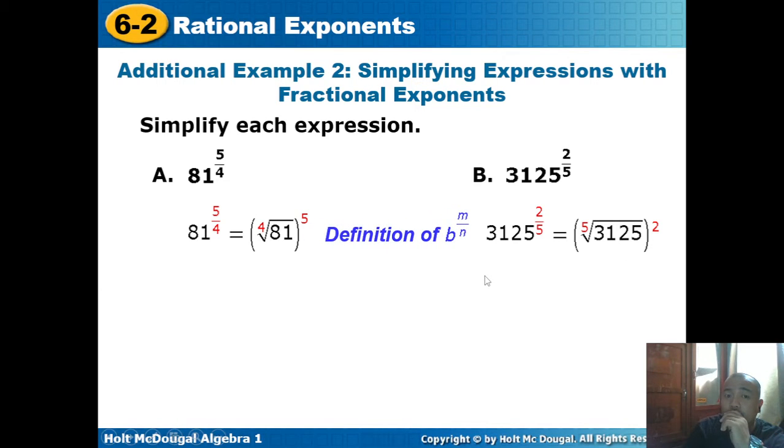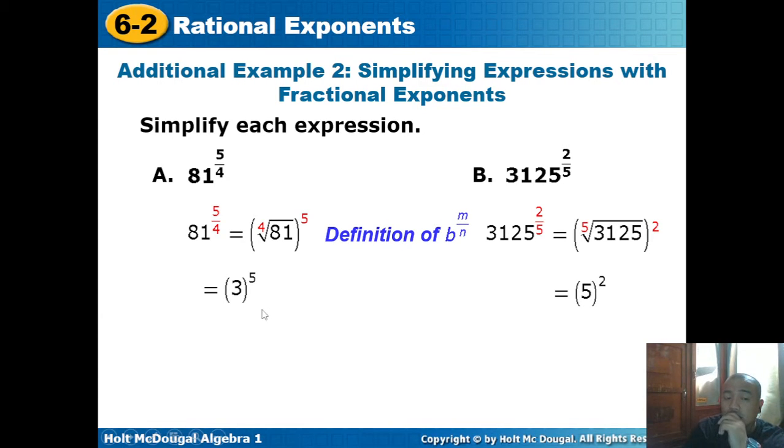That's the definition of b raised to m over n. So what is the fourth root of 81 inside the parentheses? That's equal to 3, because 3 times 3 times 3 times 3 is 81. And here, what is the fifth root of 3125? 5, because 5 times 5 times 5 times 5 times 5 is 3125.